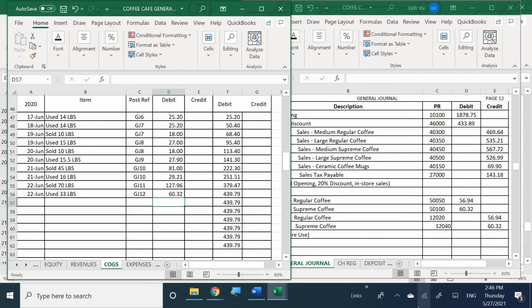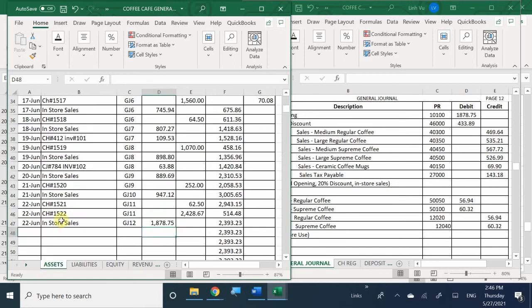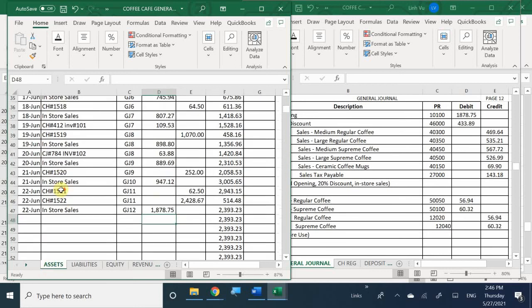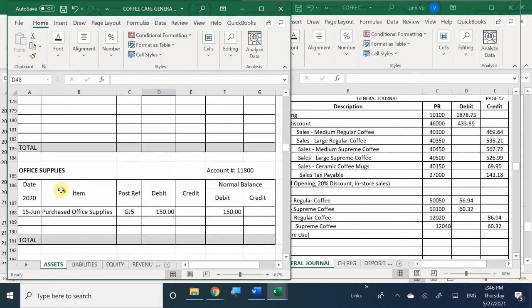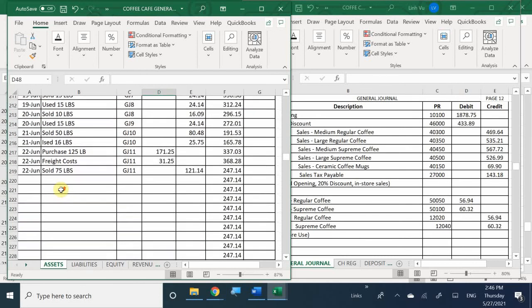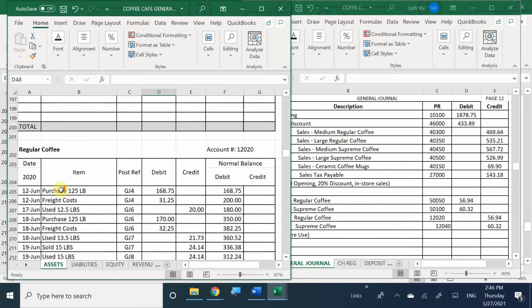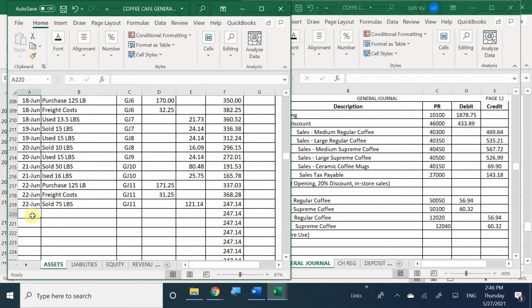Down to our regular coffee, general ledger assets. 622.